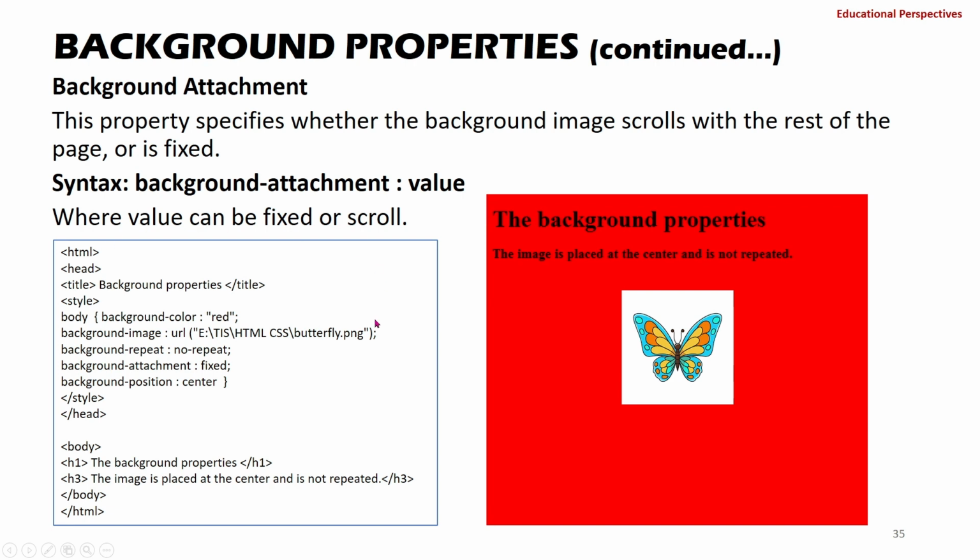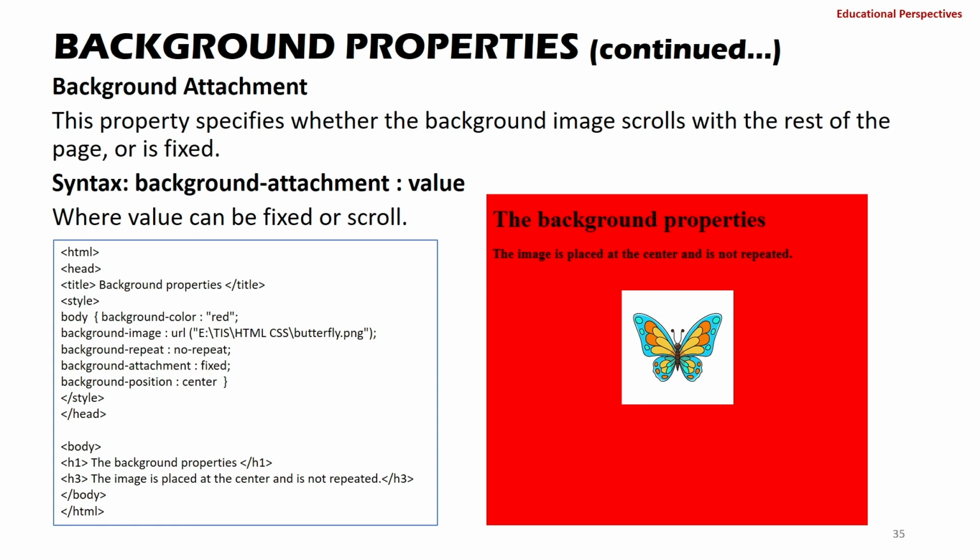So here we have inserted one background image, the butterfly image, from my system location, and background-repeat is no-repeat. So what will happen if I write no-repeat? The image will not be repeated.